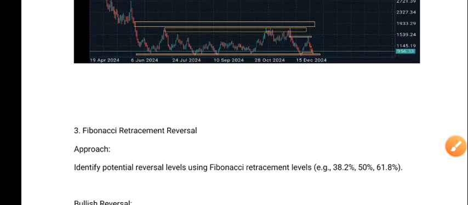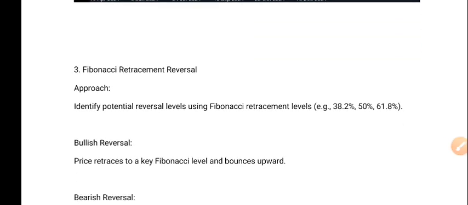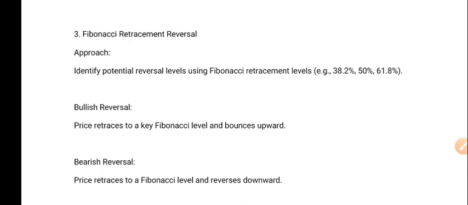Let me just go to the Fibonacci retracement reversals. You'll be hearing Fibonacci all the time, probably from top traders or from many people, because it is a very useful tool for reversal trade levels. The Fibonacci levels are a mathematical sequence that we use in trading, because trading is not just happening.